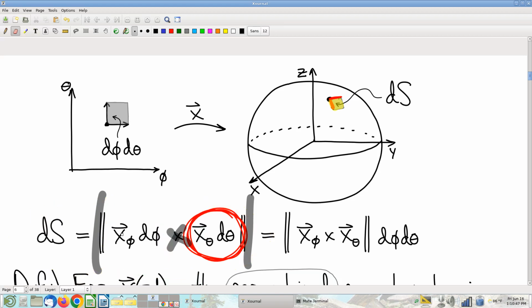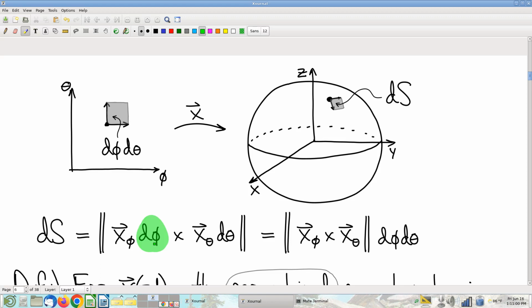All right, so that's really nice, and then I can do a little bit of algebra here, and make sure that you're good with the algebra of cross products and the algebra of absolute values, of magnitudes. But when you have a scalar factor in one of the vectors, that scalar factor will factor right out of that cross product.